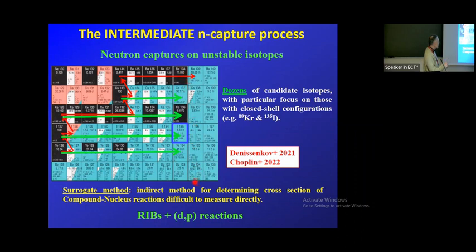For instance, one of the most important reactions to be studied in this process is iodine 135, because it has the lowest neutron capture cross section in this region. So basically, it may let the process bypass this isotope or not, depending on its value.